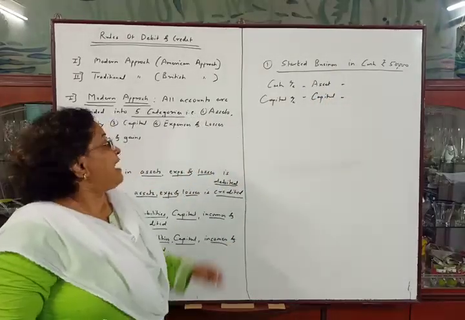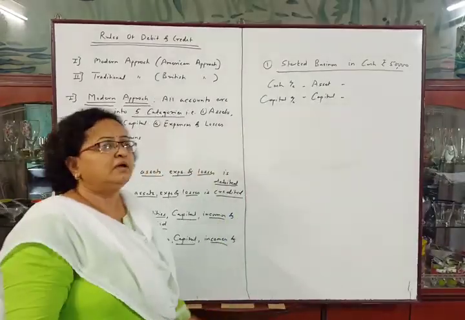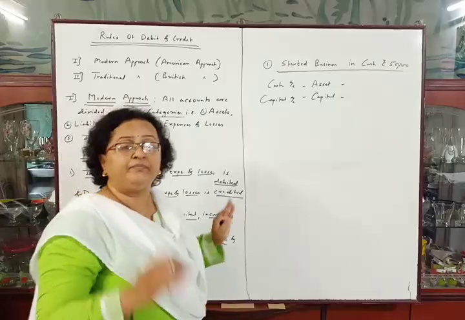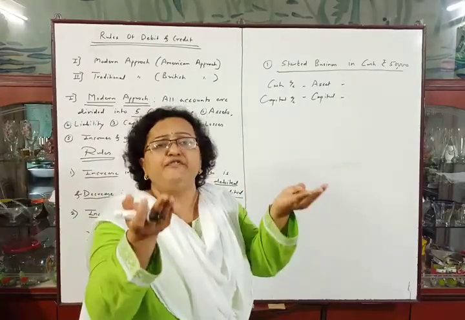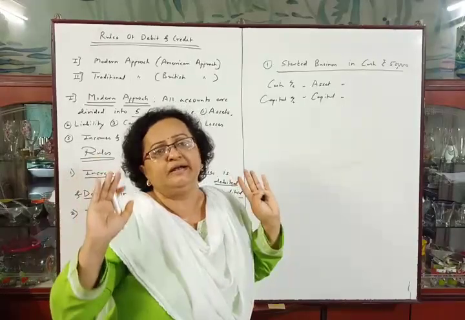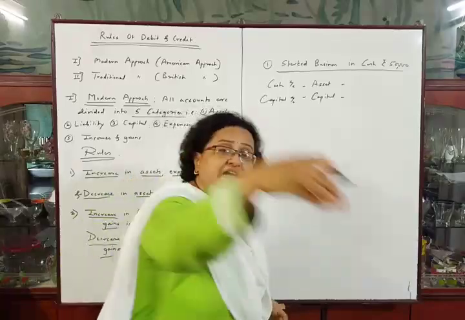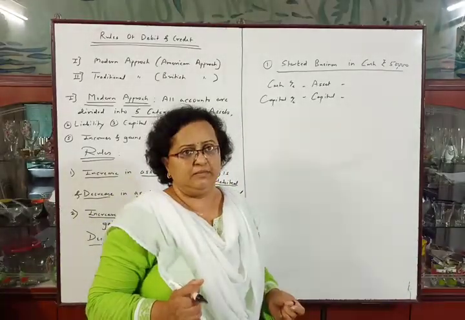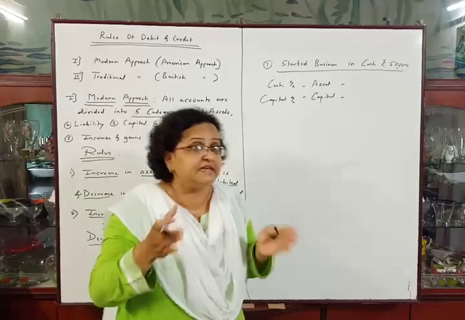Now we will apply this rule to these accounts. This rule says that assets, expenses, losses, if increases, it should be debited. See here, the owner has invested cash into the business. It means you have to think from the point of view of the business.